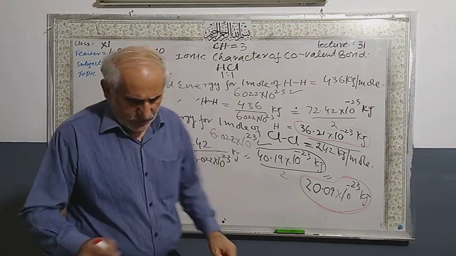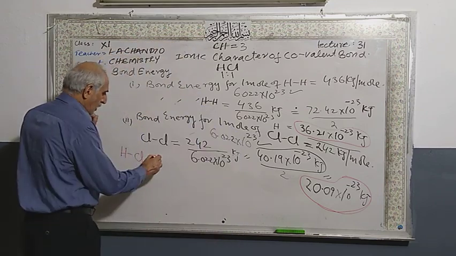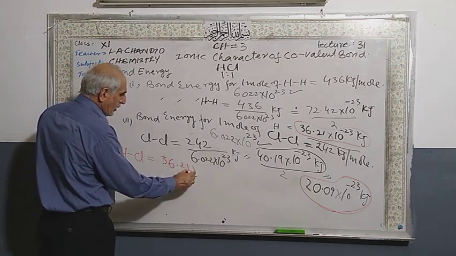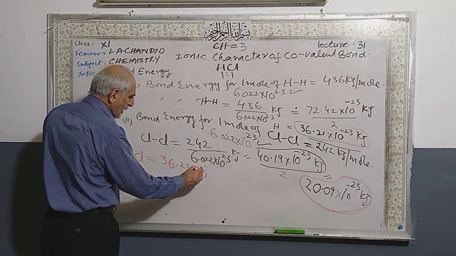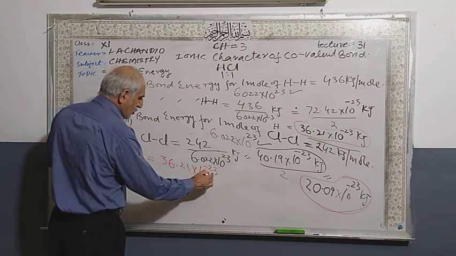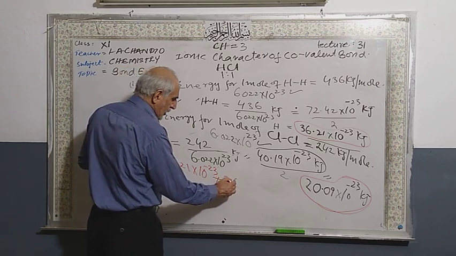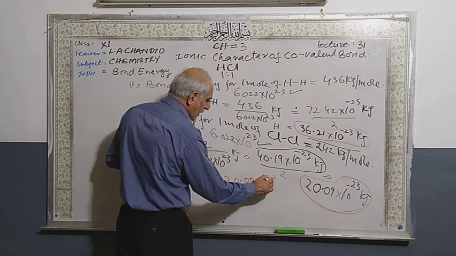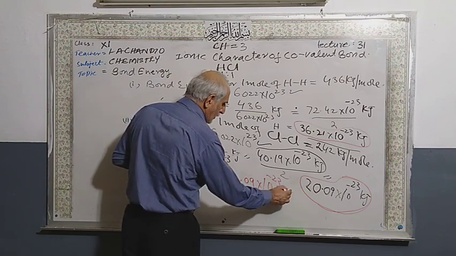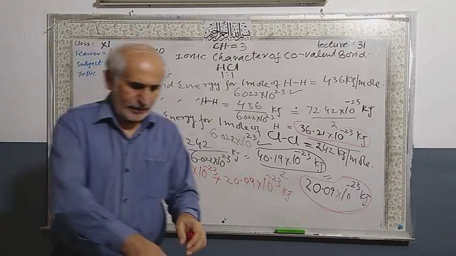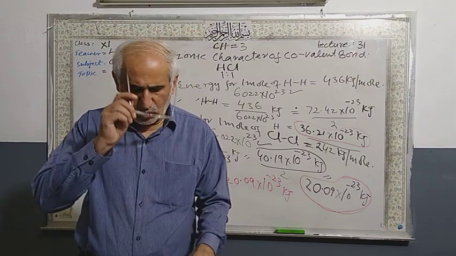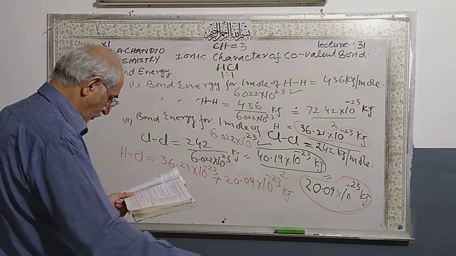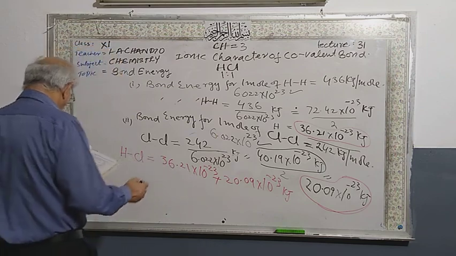After addition of these two values, 36.21 into 10 raised to the power minus 23 plus 20.09 into 10 raised to the power minus 23 kilojoules. If we add these two values, you will get 56.